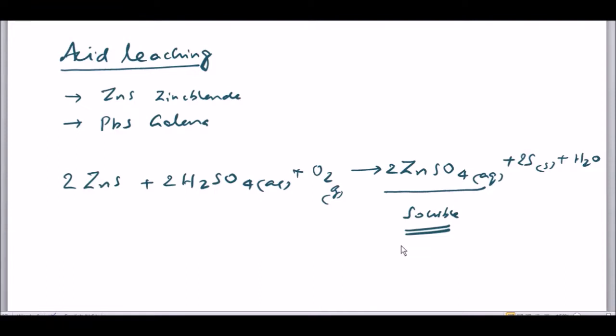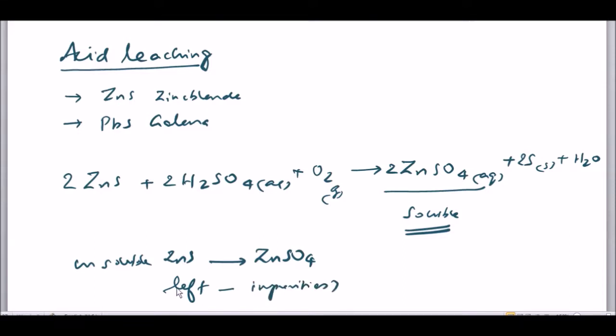All other things, the insoluble sulfides, are left there. Insoluble ZnS is converted into soluble ZnSO4. All other impurities are left behind.